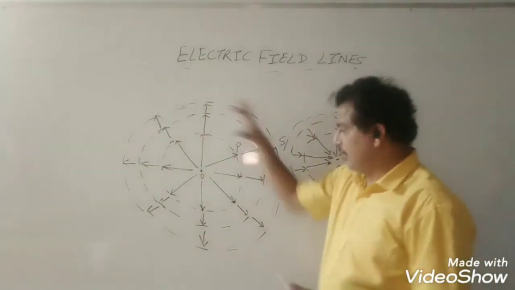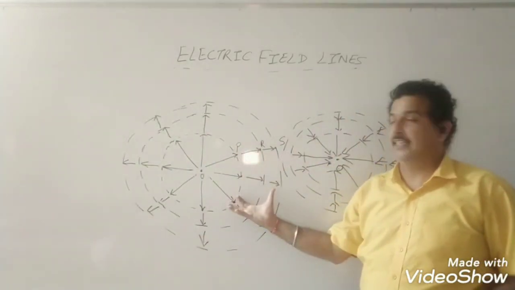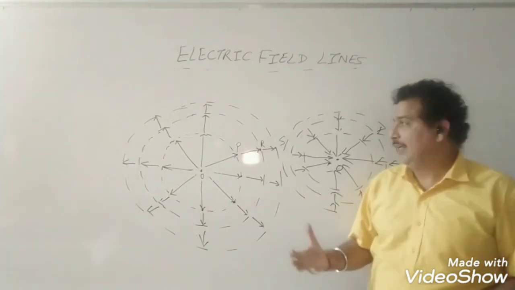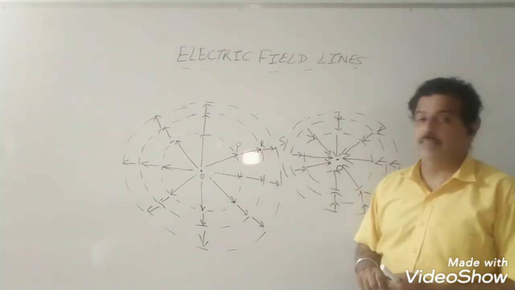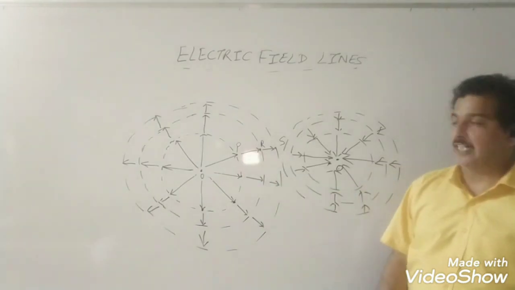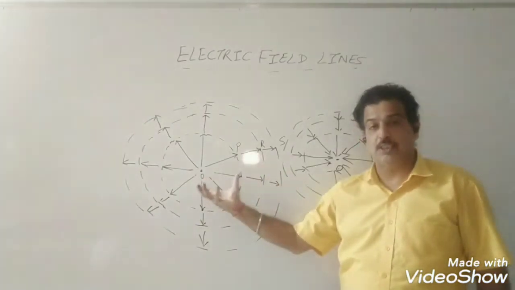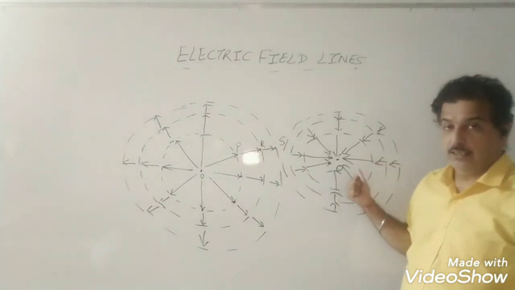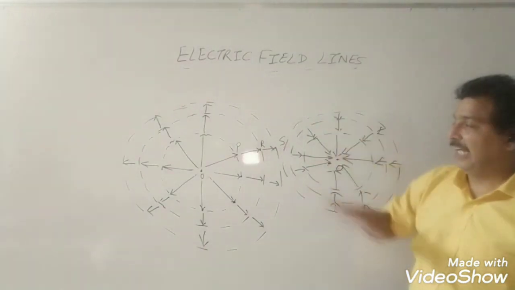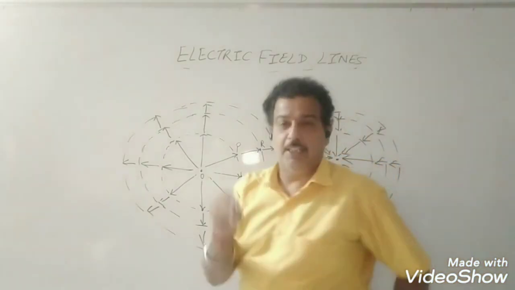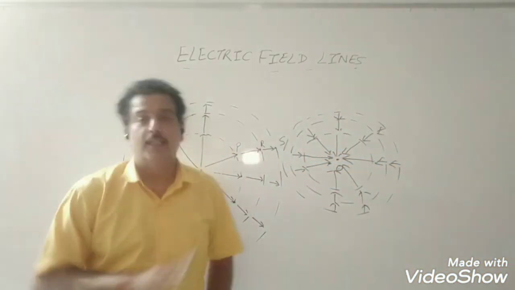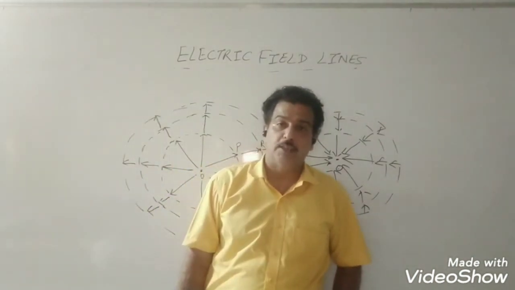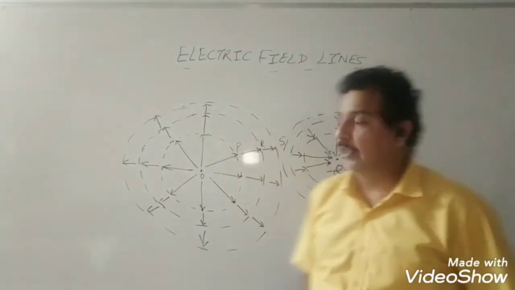So again we come to that definition. This is a pictorial representation to understand the intensity. So without speaking, from this diagram it will be clearly understood that at P the strength is more, as compared to points R and S. The field lines give the information whether your source is positive or negative. By convention, the test charge is always taken as positive, and the source can be positive or negative.